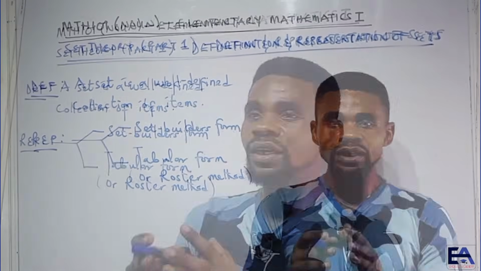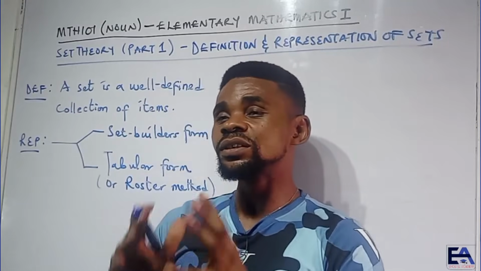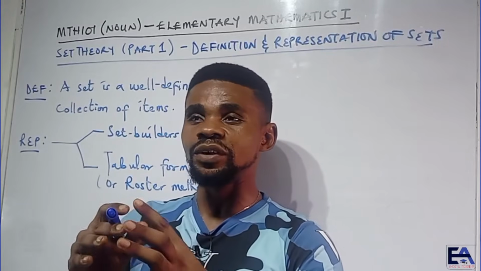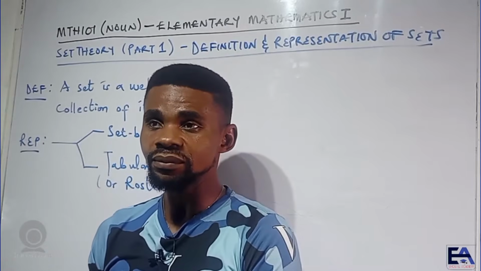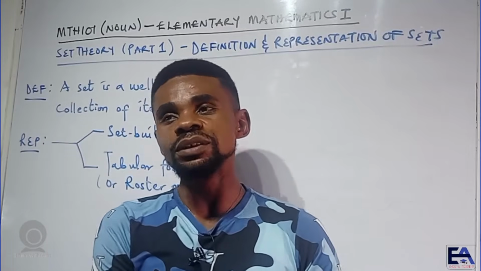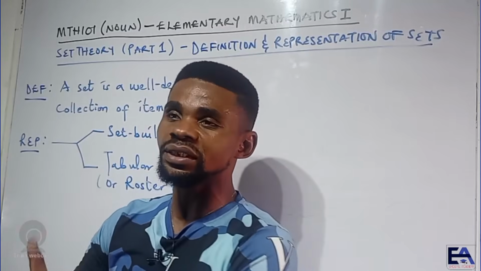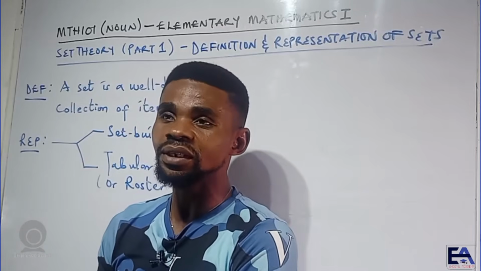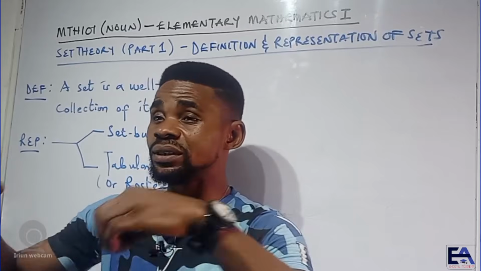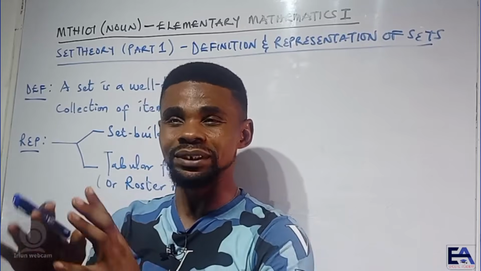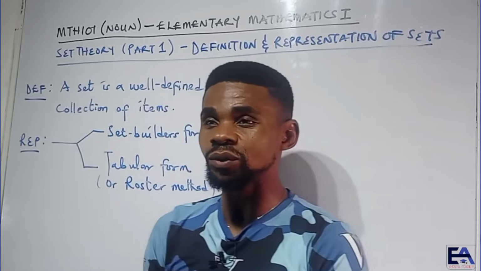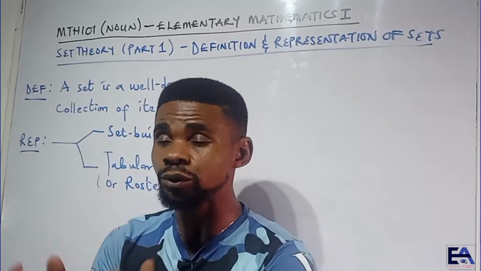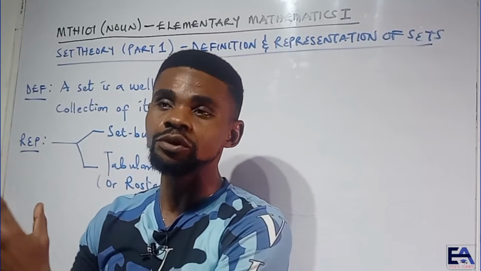An example of a set in real life is the set of 100 level students in National Open University. That is a set. 100 level first semester students, that is a set. Computer science students, that is a set. Everybody present there individually might be different, but there's something common to them: we group them together as computer science students.